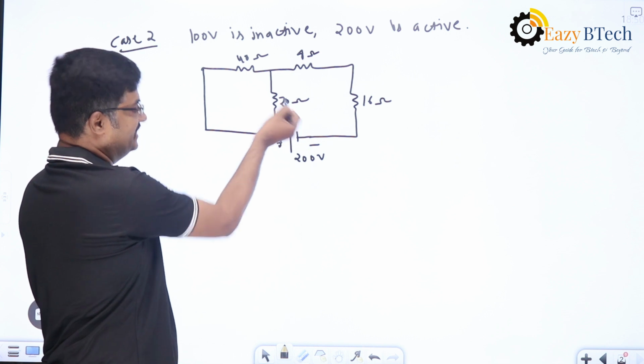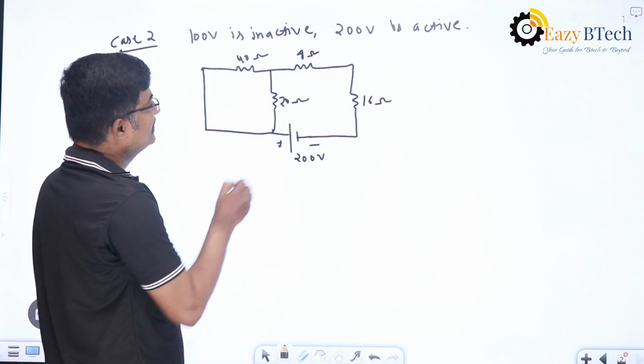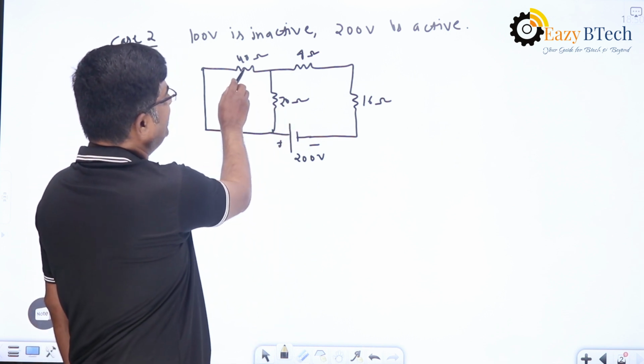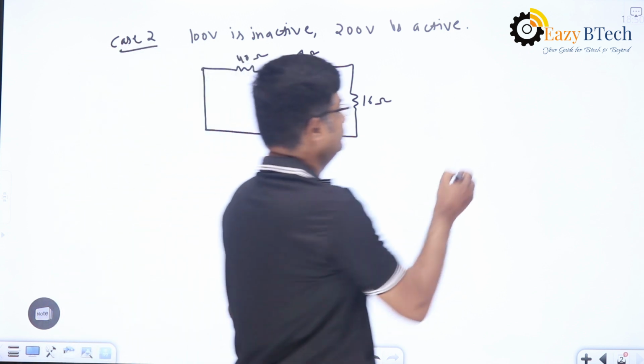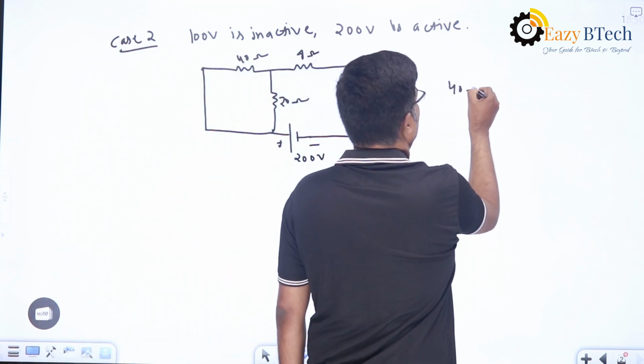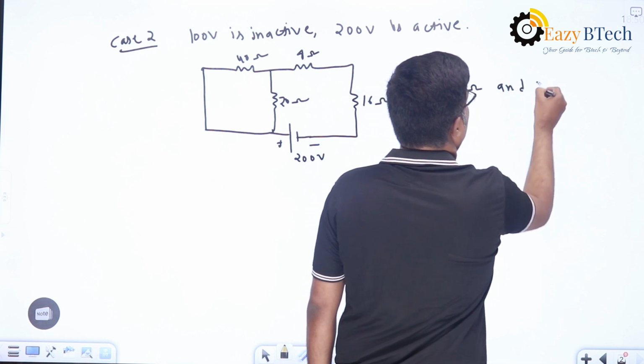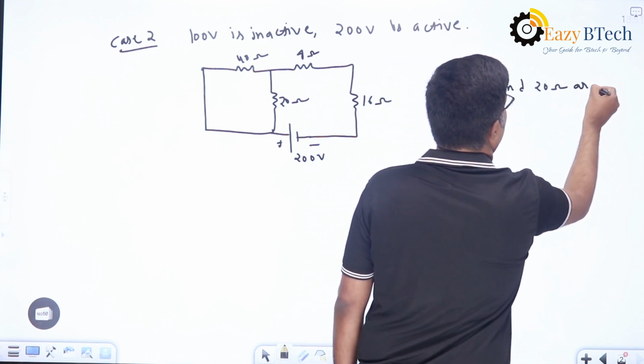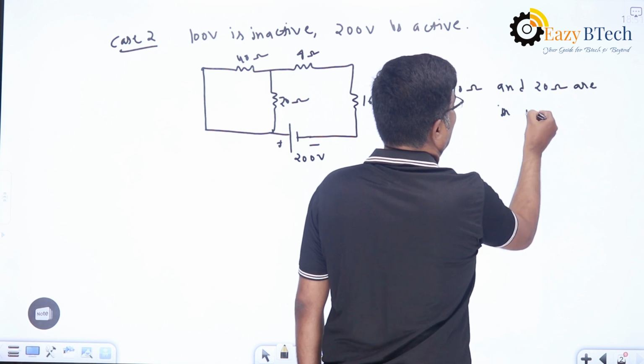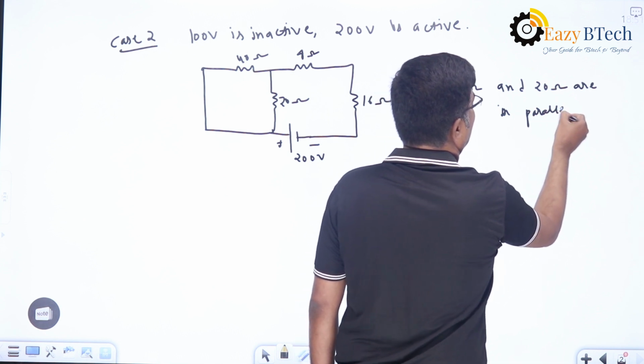Now I want the current here. What is happening here is that the 40 ohm and 20 ohm are in parallel.